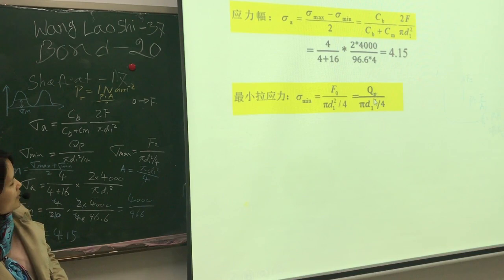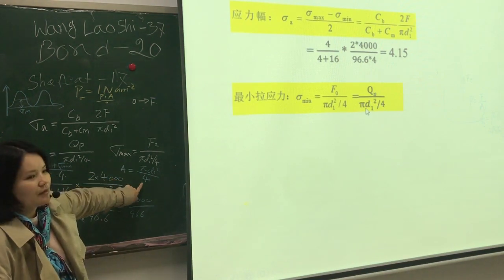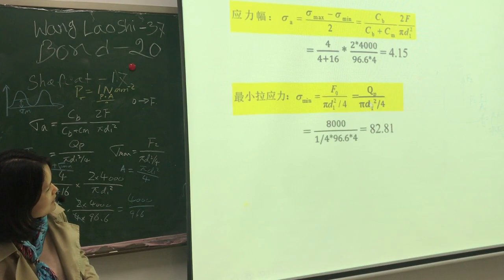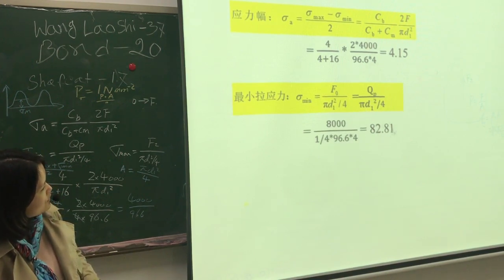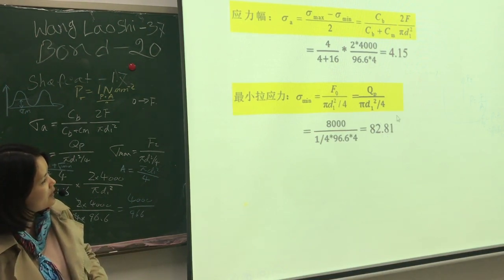We know QP. We know this. This is 8 times 4. Okay. And we can calculate the minimum stress is 18.281.